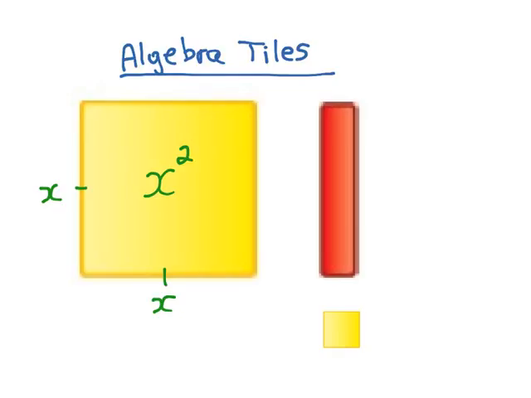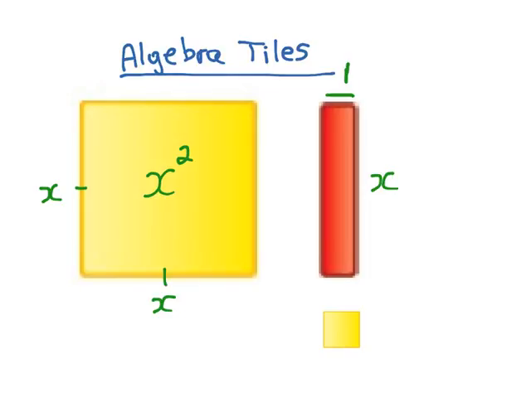Now let's take a look at this red rectangle. It has the same length as one of the dimensions of the square. That's why it's x. And the length of the other dimension is considered as 1 unit. Therefore, it is 1.